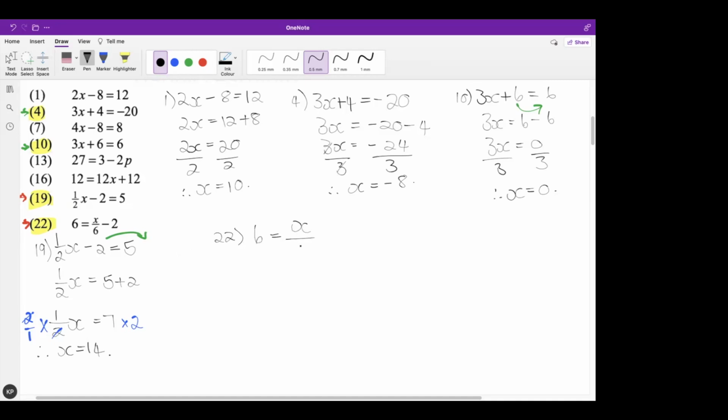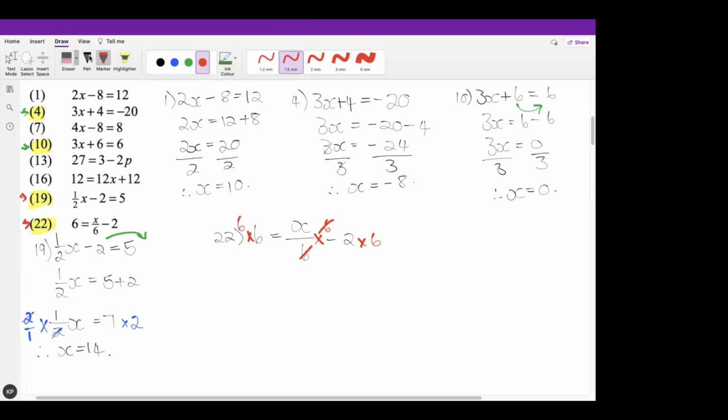22 says 6 is equal to x divided by 6 minus 2. All right. For this one, I am choosing to get rid of my denominator first, which means I'm going to have to multiply everyone by 6. Okay. So then these 6's will cancel.